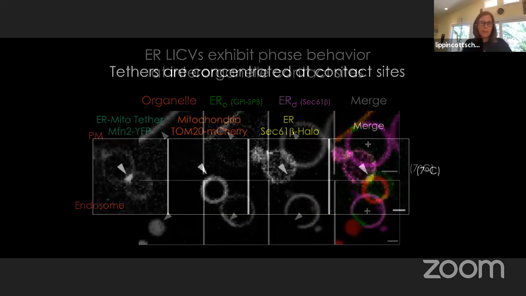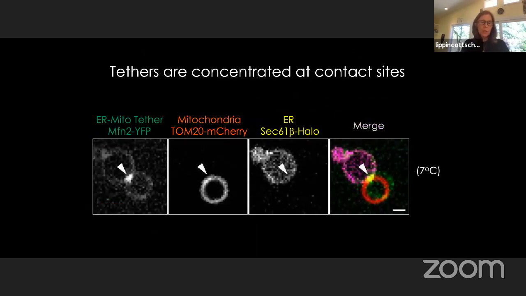Now we also found, and this was done because we really wanted to prove that the sites where the ER is making contact with these other organelles, in fact, are organelle contact sites. Our evidence for that is that the tethers that facilitate these types of contact sites are localized at these co-associations of the ER with different organelles.